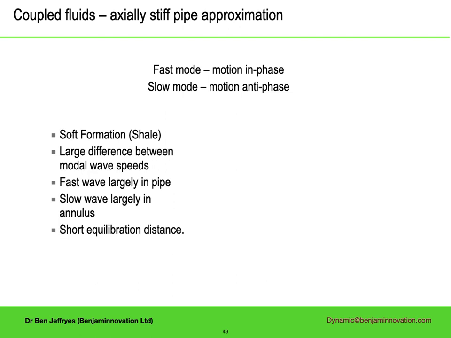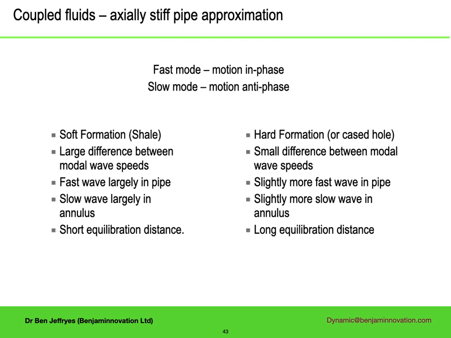For a source inside the pipe, the distance over which some pressure migrates to the annulus is quite short. For a hole in a hard formation, or cased hole, there is a much smaller difference between the mode speeds. The relative proportions of pressure in the pipe and annulus are quite similar, though there is more fast in the pipe and more slow in the annulus. However, the distance over which the pressure migrates to the annulus is much longer.